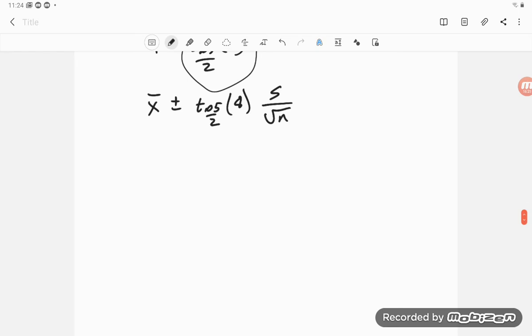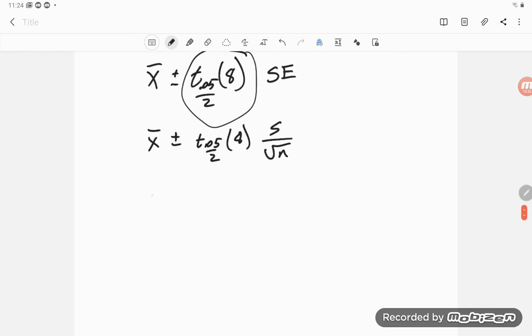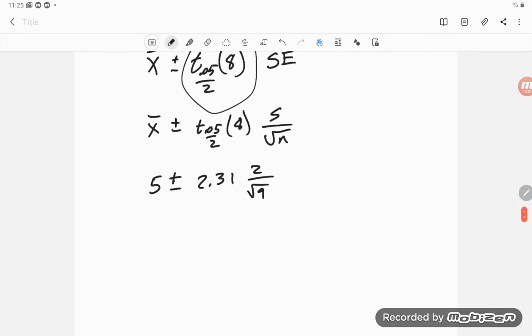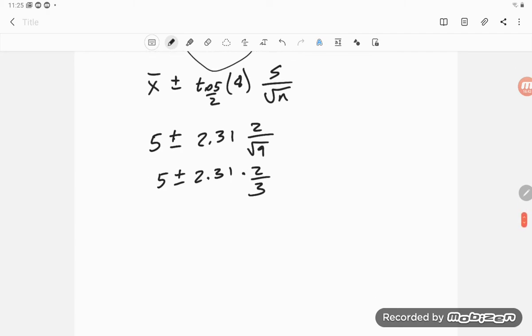And so this is 5 plus or minus 2.31 times, what was that, 2 over the square root of 9, or 3. So this is 5 plus or minus 2.31 times 2 over 3.